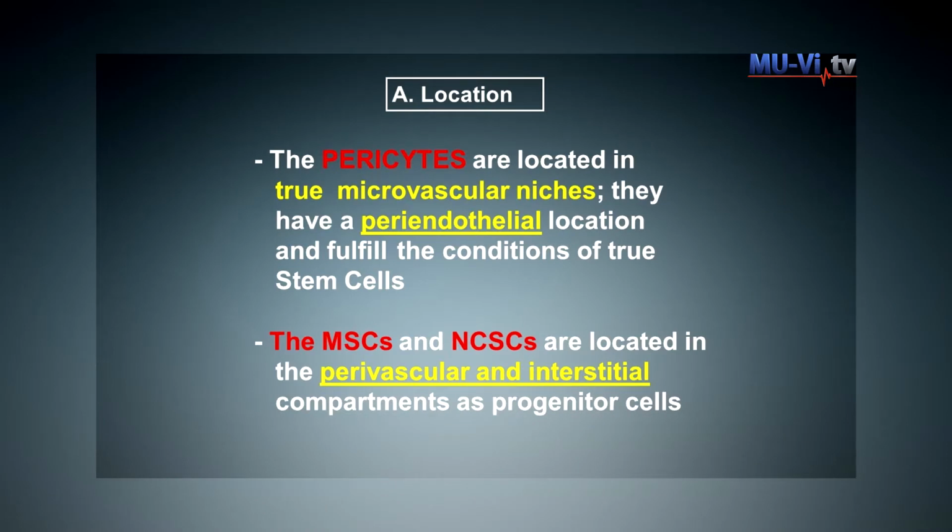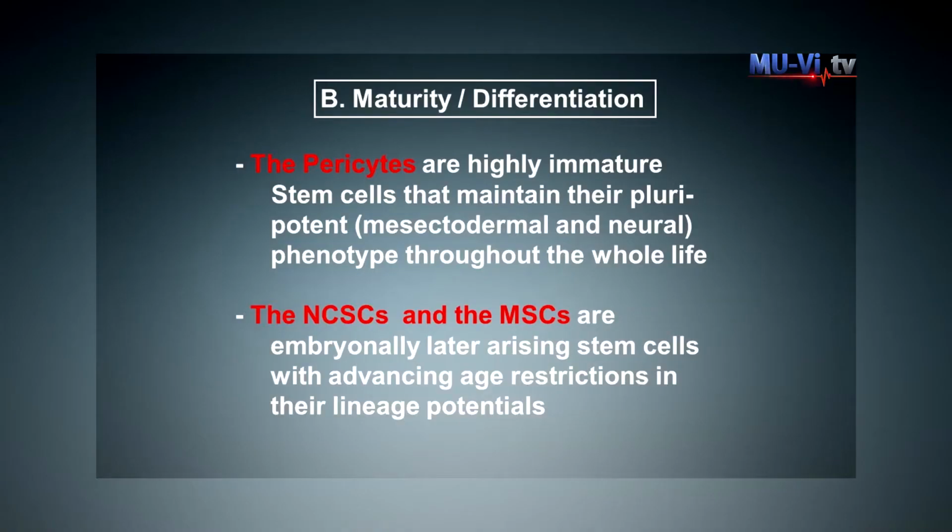A lot of people are reading for all these cells that they are situated perivascularly. That's not true. The pericytes are periendothelial, and these are perivascular. The second argument is the maturity or differentiation of the stem cell.